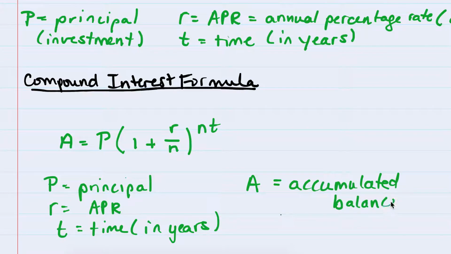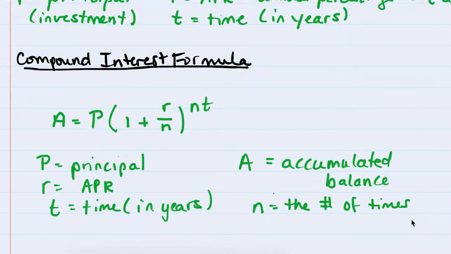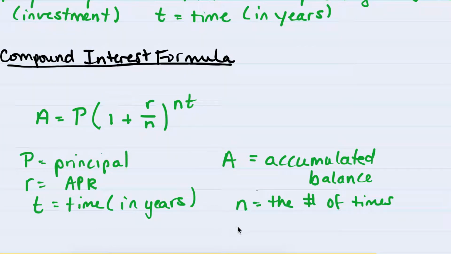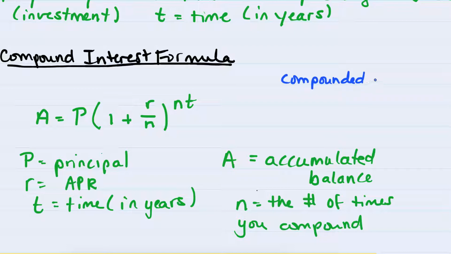And the last one, N, is the number of times you compound. So I'm going to put on the side some common N's. So in your problem, you're going to see something like compounded annually.